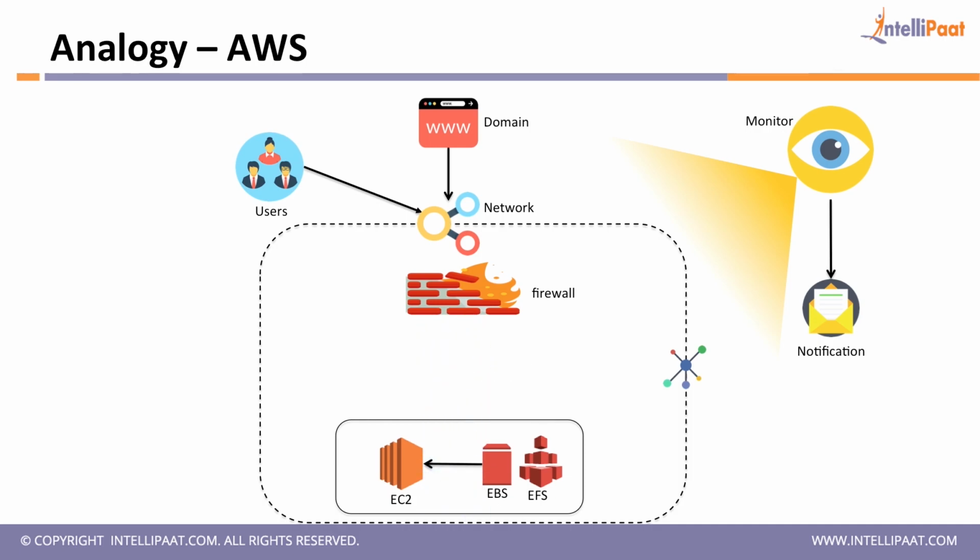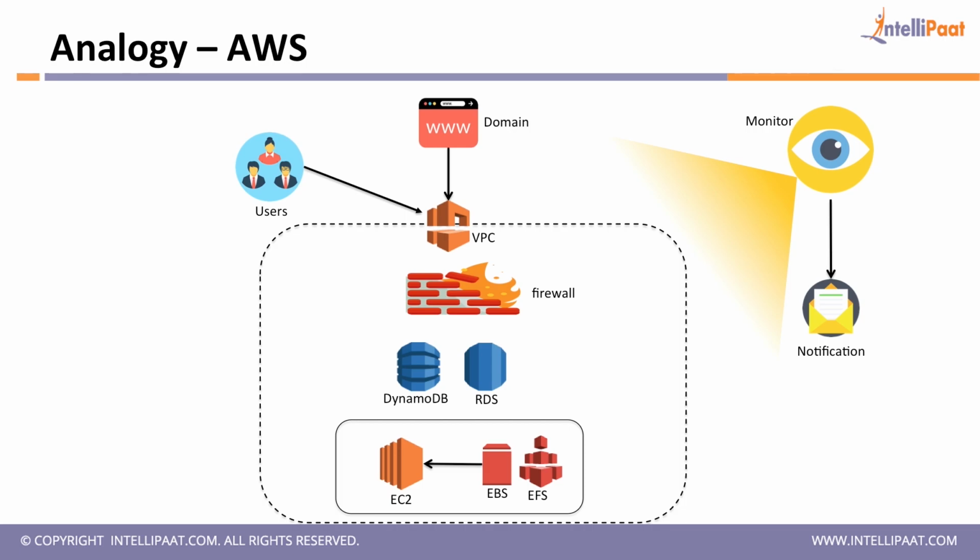Instead of a database or applications, you can have DynamoDB, RDS, or any web applications you want. Instead of a network, you have VPC. So VPC is the network offering of AWS, EC2 is the server offering, EBS, EFS, and S3 are storage offerings, and DynamoDB and RDS are database offerings of AWS.